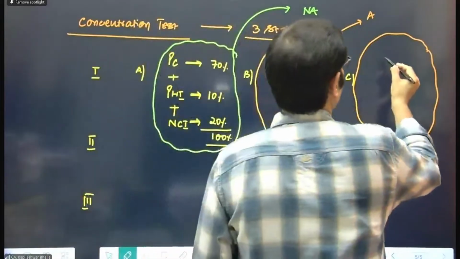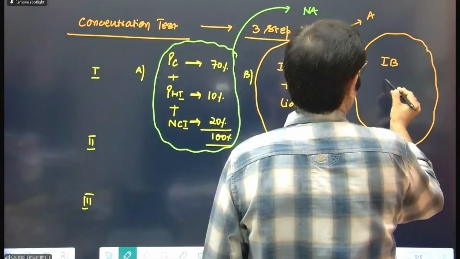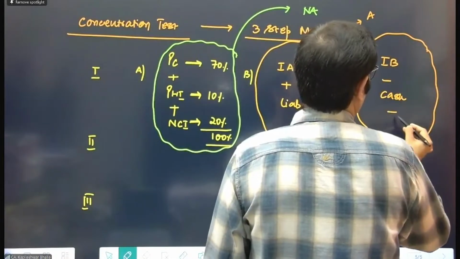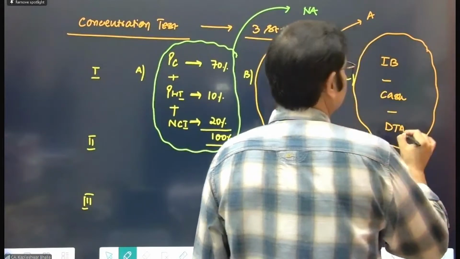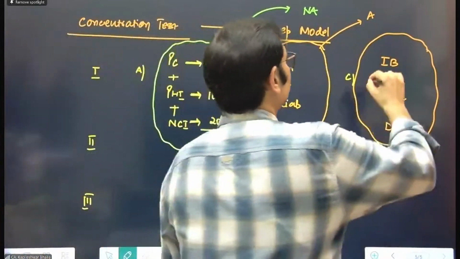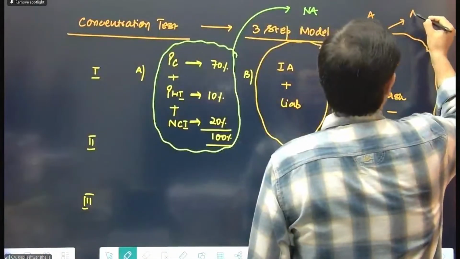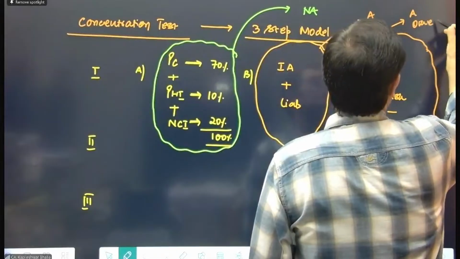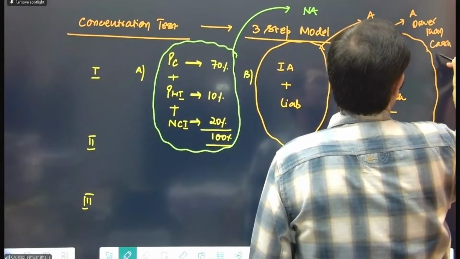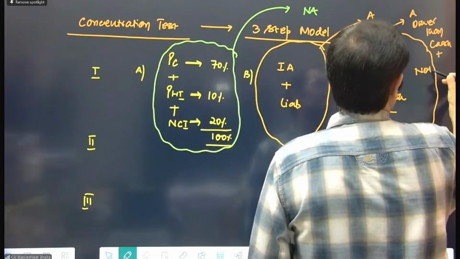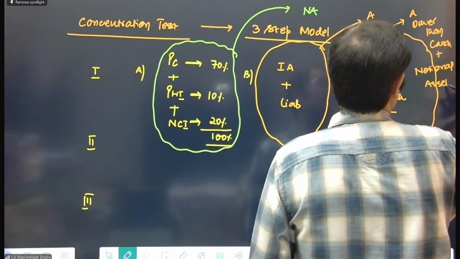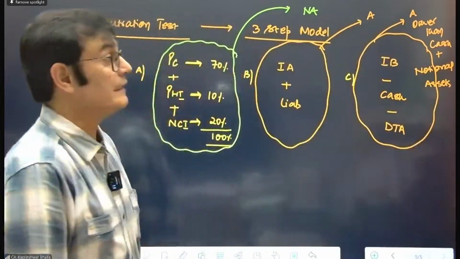So in this particular case, whatever answer you get from 1B, we are also going to eliminate the cash acquired. We are also going to eliminate the deferred tax assets, if any. This will indirectly give you what is paid for the assets other than cash and notional assets, because DTA is notional in nature.